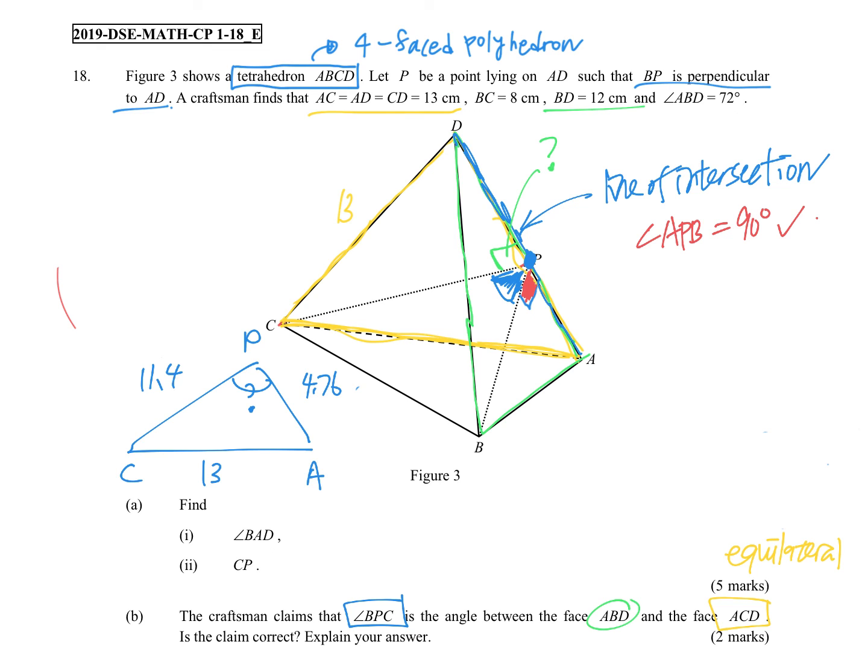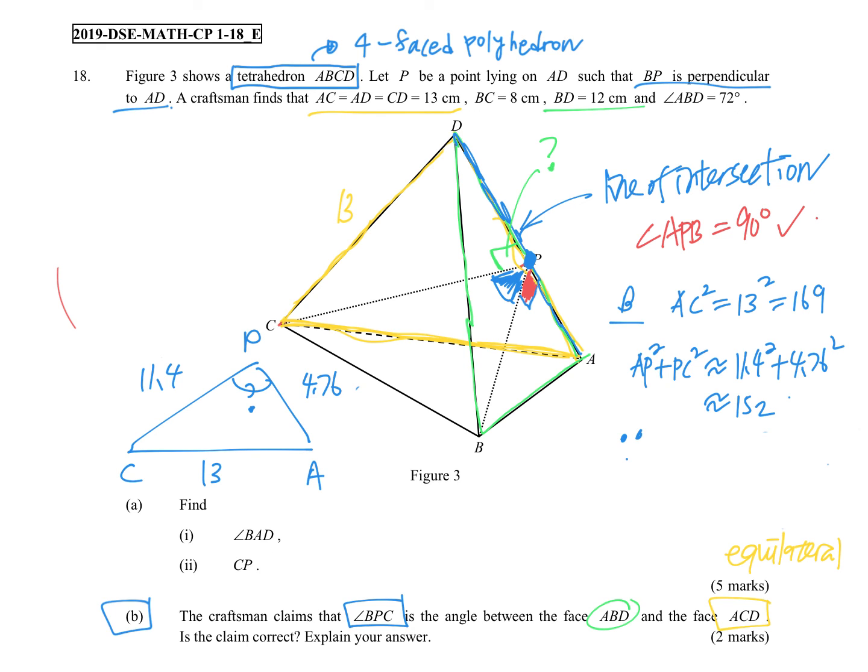So we just make use of the converse of Pythagoras' theorem to check. So part B, we check AC squared. That is 13 squared, which equals 169. While AP squared plus PC squared is approximately equal to 152.